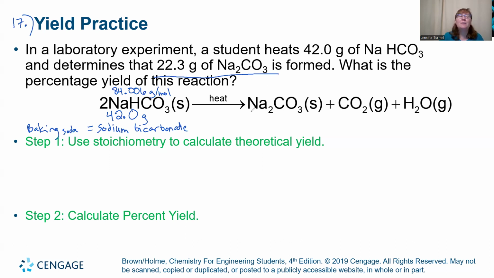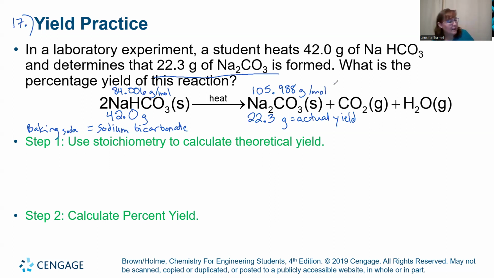So what this means is that this 22.3 grams is our actual yield because this is what we make. And we're going to need a molar mass of that. And the molar mass of our sodium carbonate is 105.988 grams per mole.